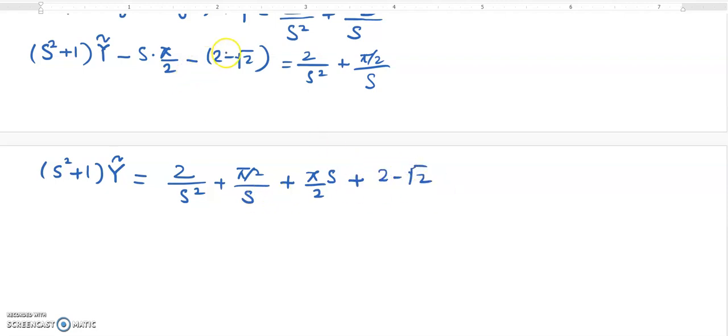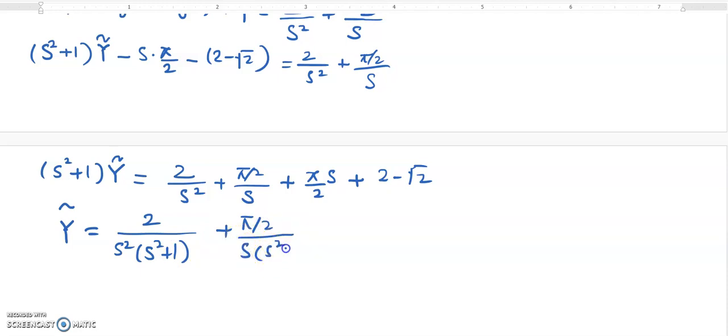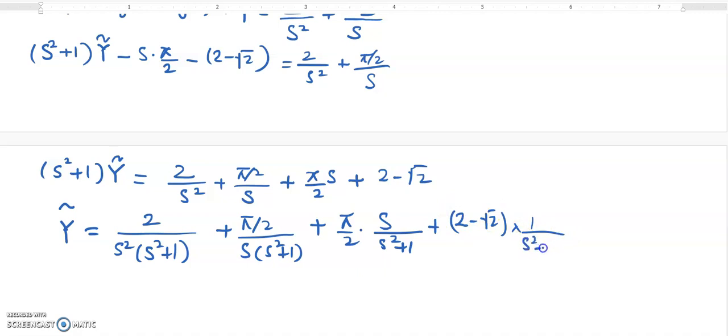So Y tilde will be equal to 2 over s squared times s squared plus 1, plus pi over 2 times s over s squared plus 1, and then 2 minus root 2 times 1 over s squared plus 1.